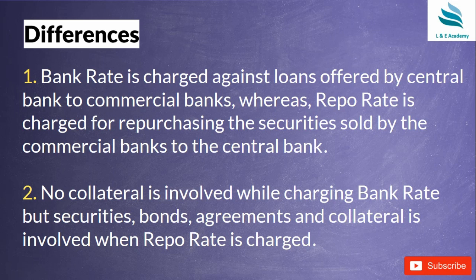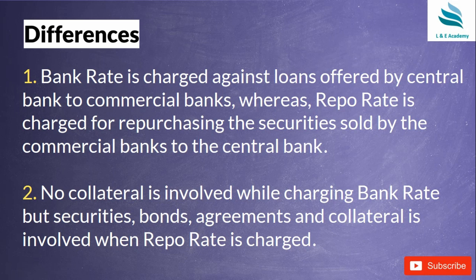No collateral is involved while charging bank rate, but securities, bonds, agreements, and collateral are involved in repo rate. This is a big difference. So if banks want to borrow from RBI at the bank rate, they don't have to pay any collateral.